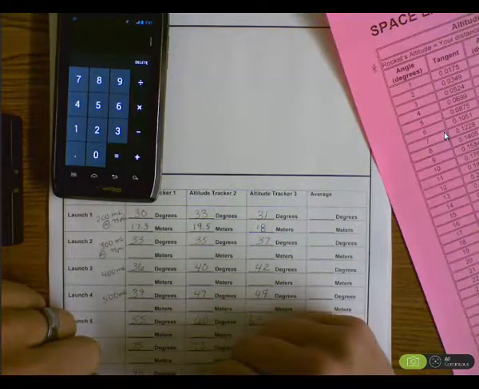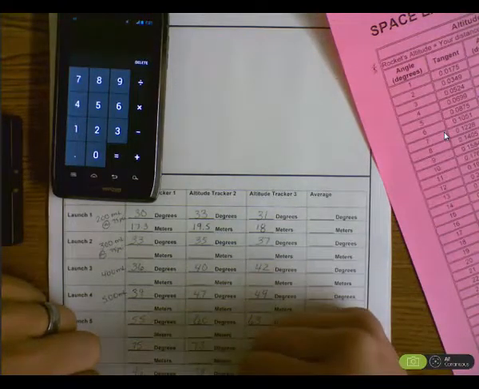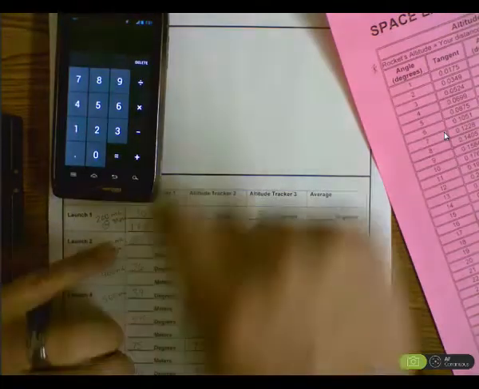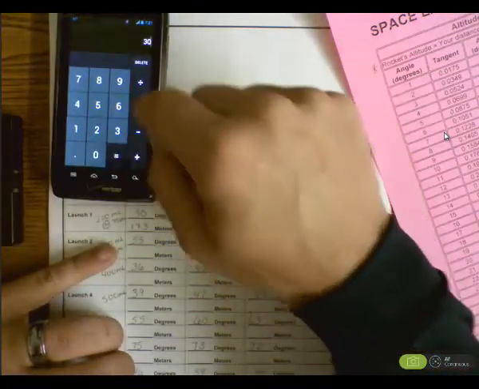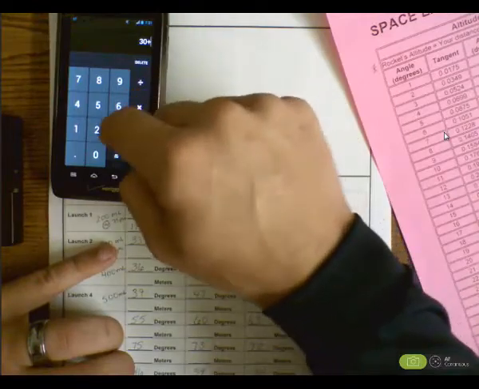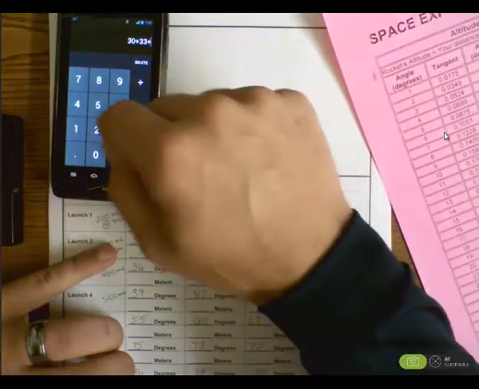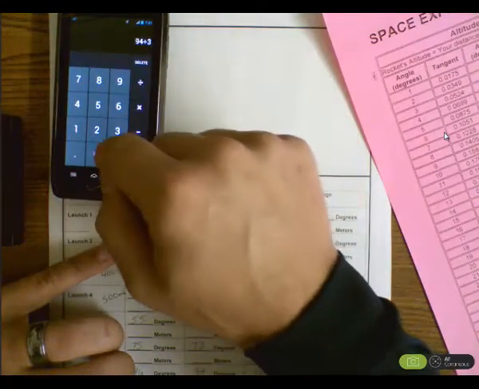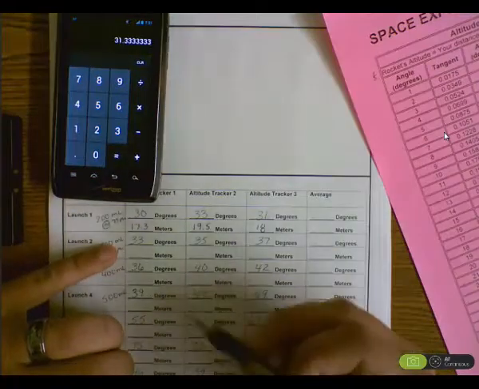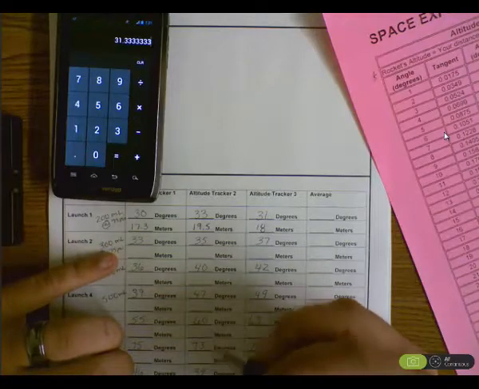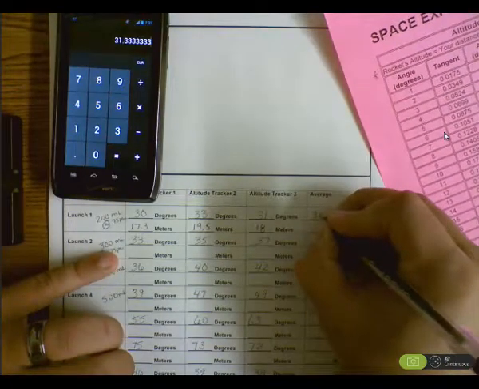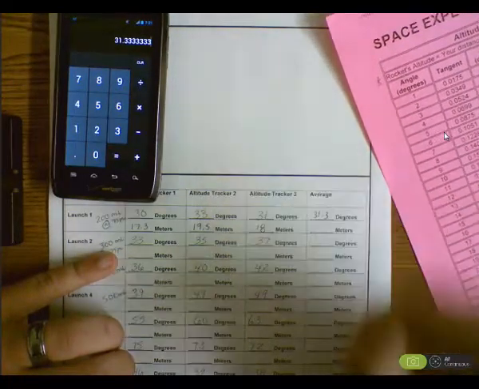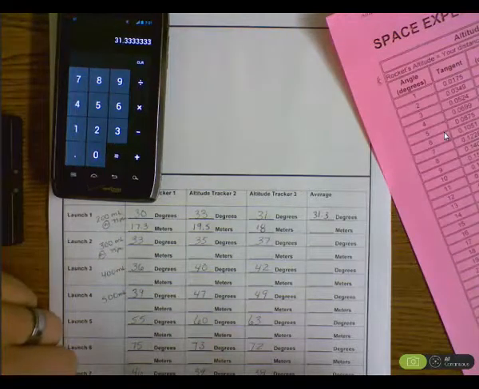So in this case, it would be 30 plus 33 plus 31 divided by 3 because there were 3 units that I added. 30 plus 33 plus 31 equals 94, divided by 3 equals 31.3. So 31.3 degrees is my average.